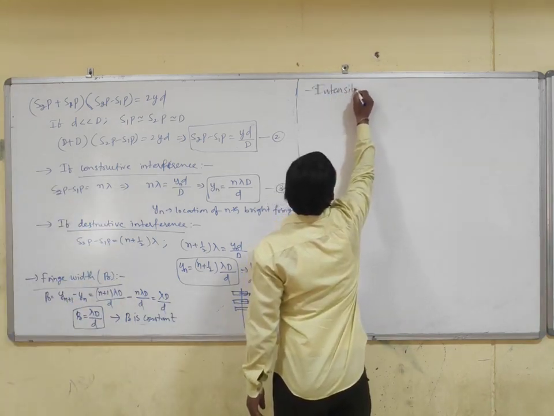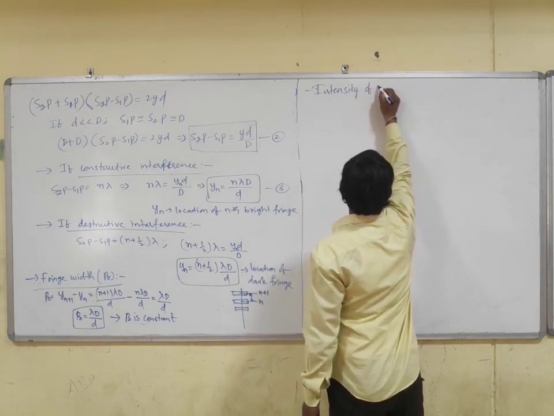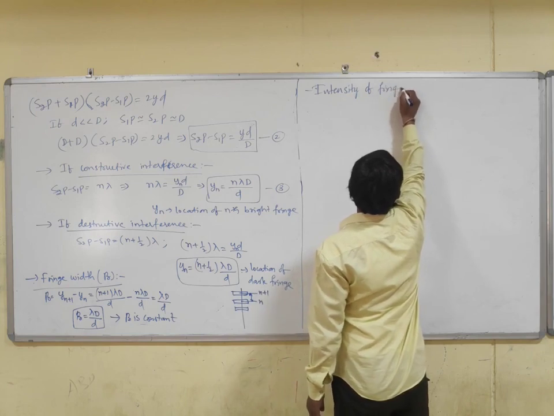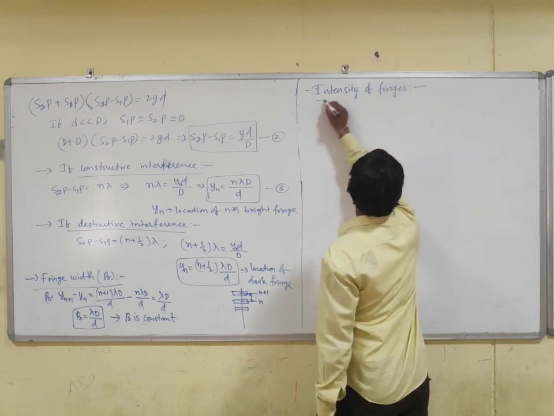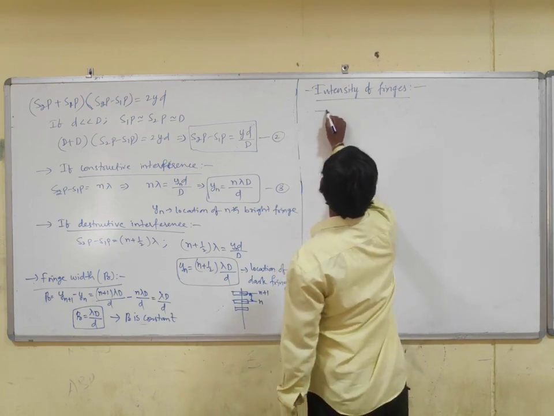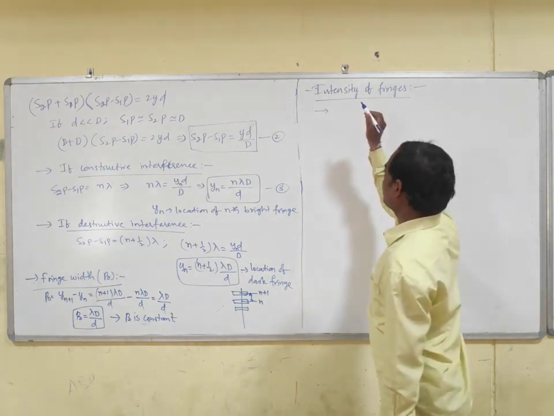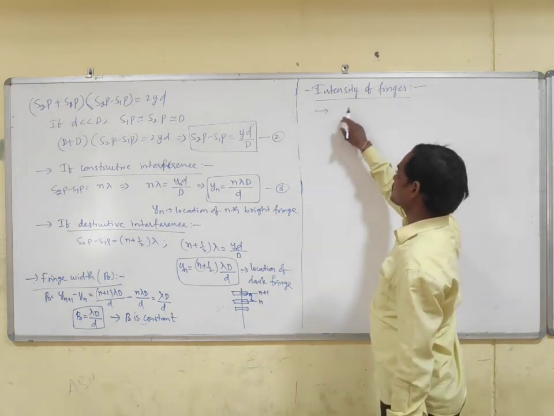Intensity of fringes. So we are taking two waves. One is the S1P wave and the other is the S2P wave.